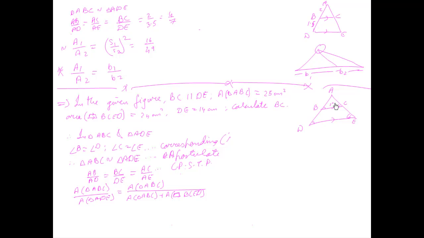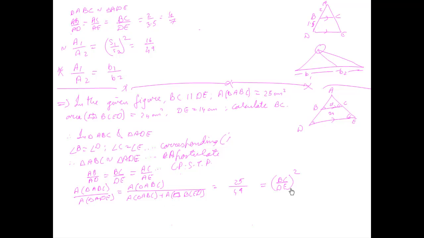Because children, this is 25 and this is 24, so the full thing comes out to be 25 upon 25 plus 24, that's 49. Well children, we also know that this is equal to ratio of proportionate sides, and we've been given the value of DE, so we'll use this ratio BC, which we don't know, upon DE the whole squared.